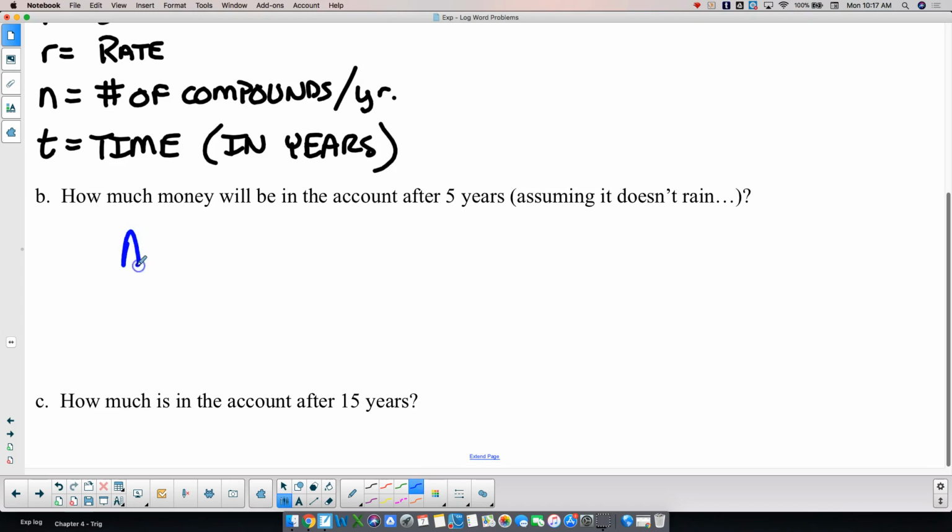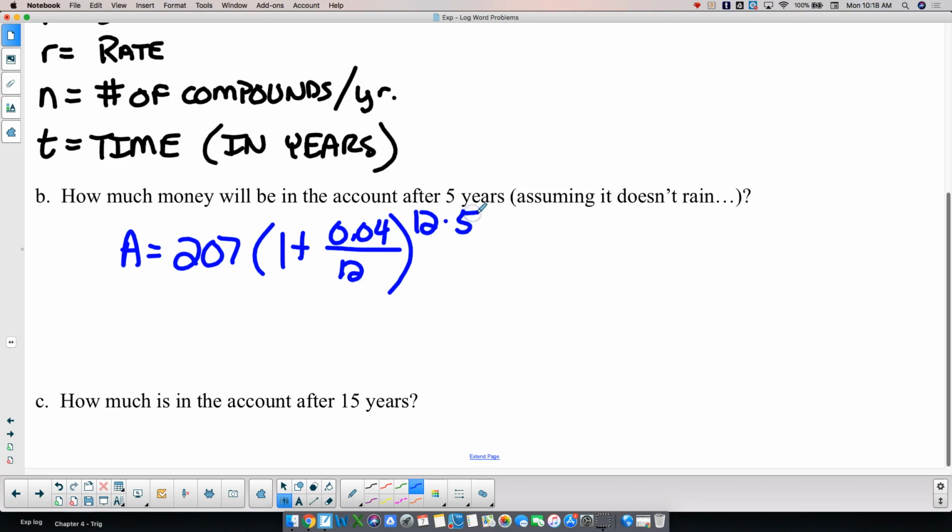So then A would equal 207 times (1 plus 0.04 divided by 12) to the 12 times 5 exponent. Okay? So figure that out for me on your calculators. FYI, for Thursday's test, you will need to have yourself a calculator.